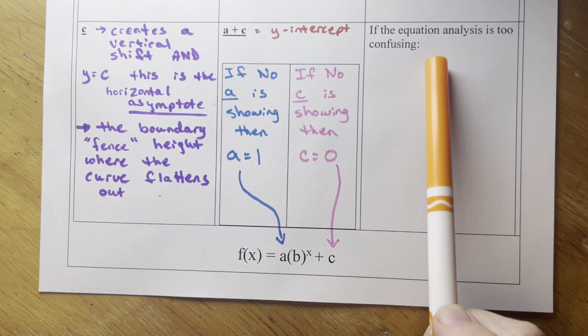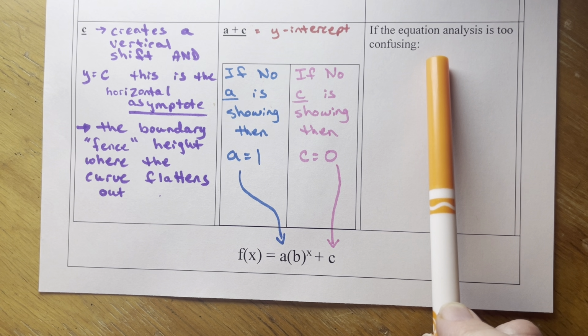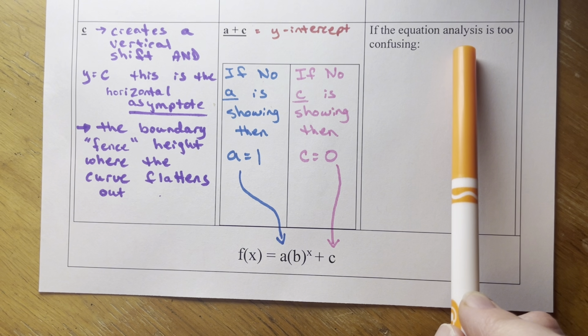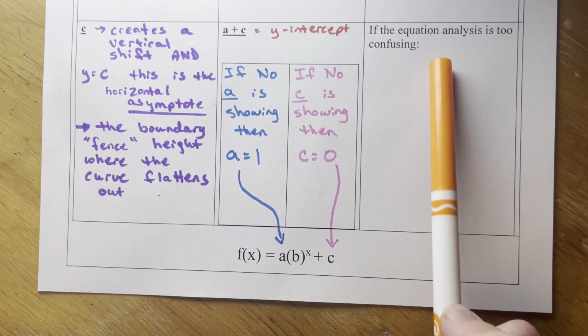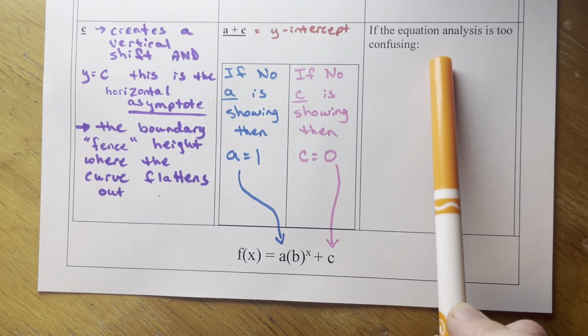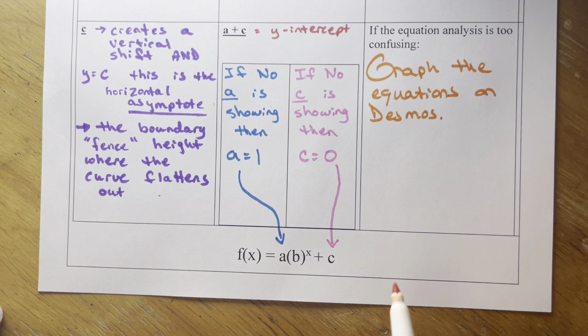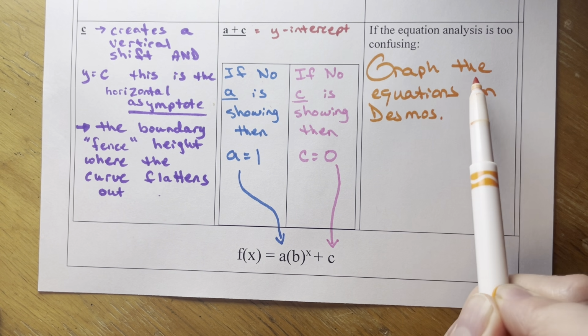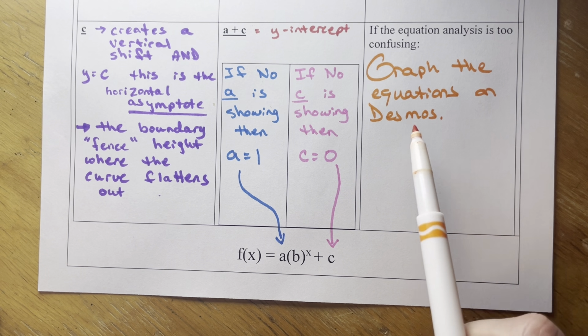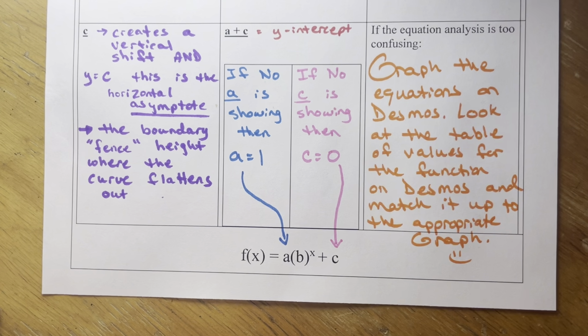Now, I recognize that all of these characteristics, all these traits of exponential functions really can be confusing to analyze as you get started. I get that. So if that is proving itself to be too much, although I think you're going to see the patterns of behavior start to happen really very nicely, very quickly, if this is all too much, too confusing, then graph the equations that they give you on Desmos and start comparing.